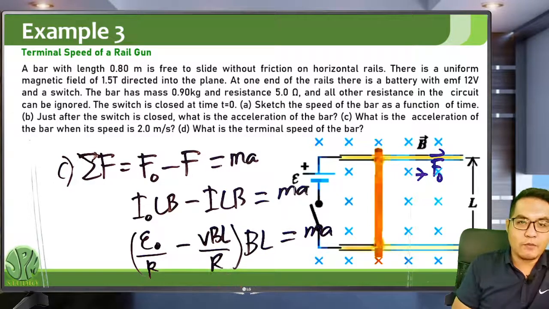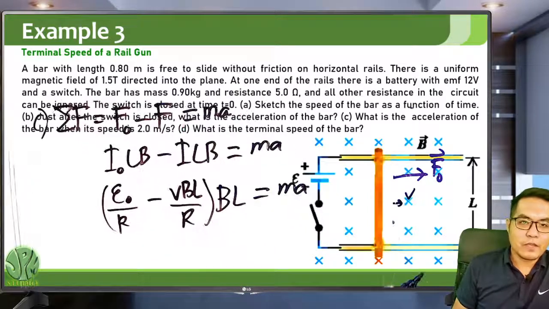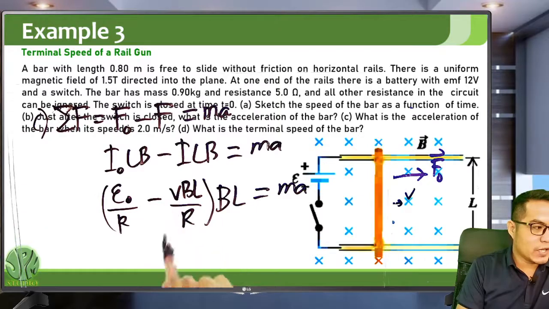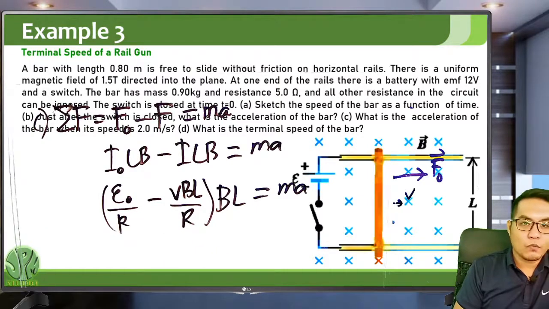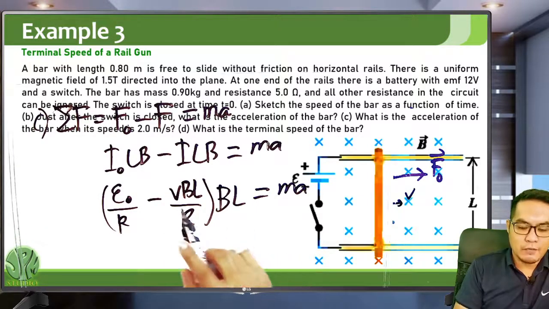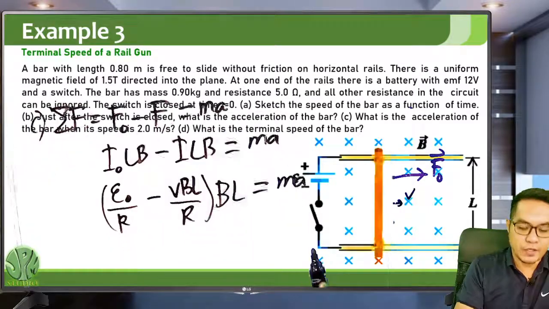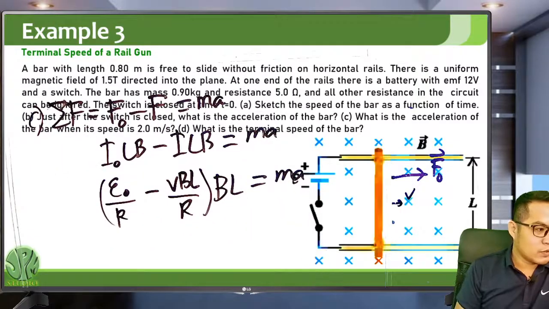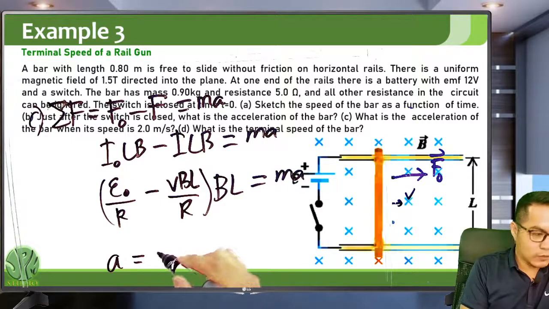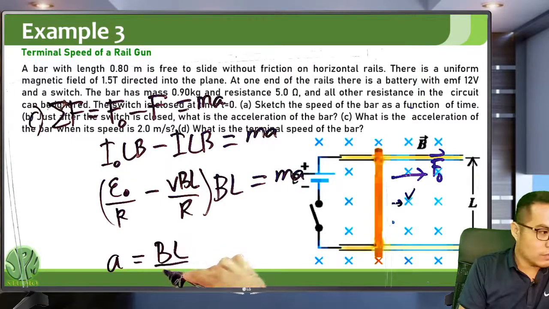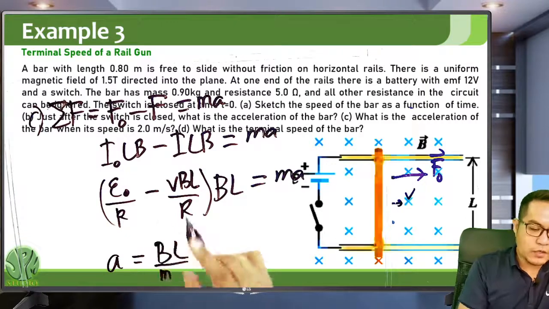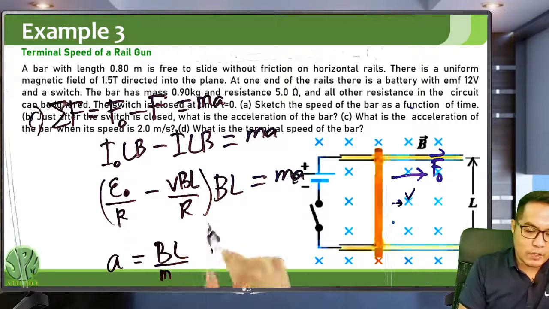So from this equation, we solve for A, because V is given in this problem. The speed V is 2 meters per second. So A will now be equal to BL over M. They both have a common factor R, so we can factor that out.